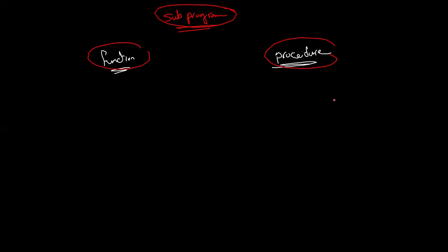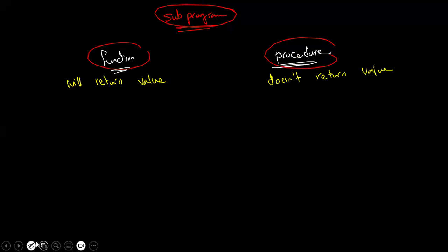Let's remember the difference between function and procedure. A function will return a value. A procedure doesn't return a value.